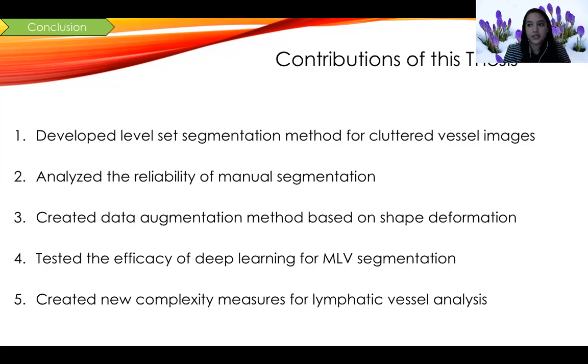The contributions of this thesis are a novel matting-based level set segmentation method that accurately segments cluttered vessel images, analysis of the manual segmentation revealing problematic errors in relying on manual annotation as ground truth, as well as providing a data set of 39 consensus annotations of MLV images, a data augmentation method based on shape deformation that can be used on any shapes where elastic deformation is reasonable, testing the efficacy of deep learning for MLV segmentation with promising results in terms of a high dice coefficient, and creating new complexity measures to analyze lymphatic structure and using these measures to evaluate segmentation accuracy.